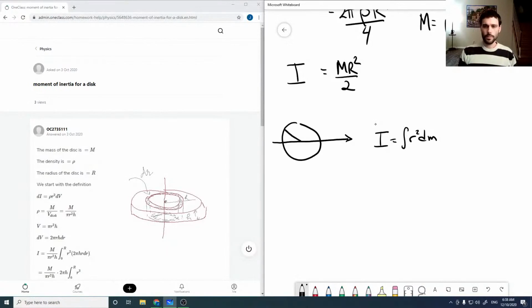So if we wanted to identify one, and remember the r's are always perpendicular distances, these would be our r's. And here's one such segment where it would have all the same r from the axis.